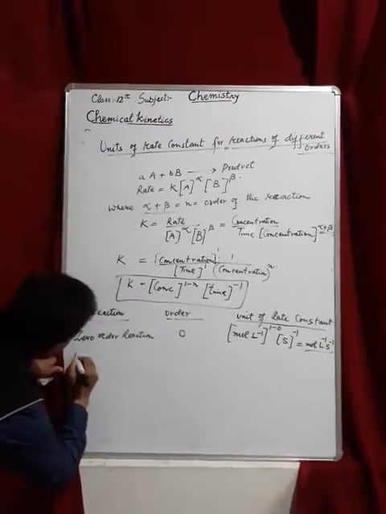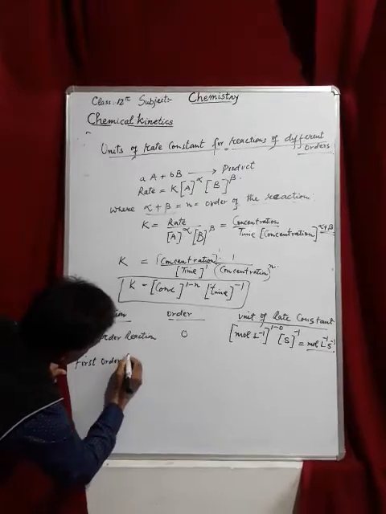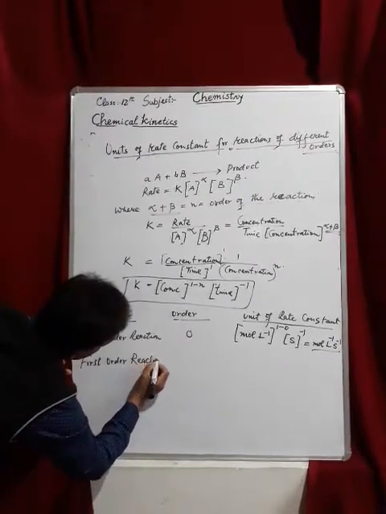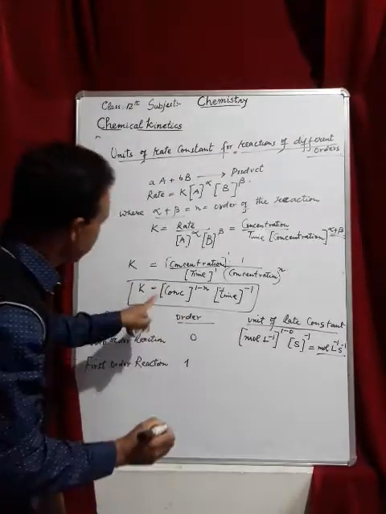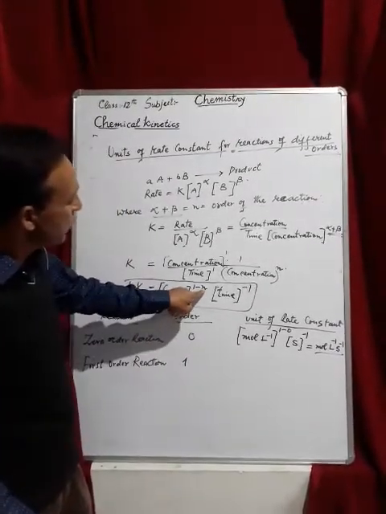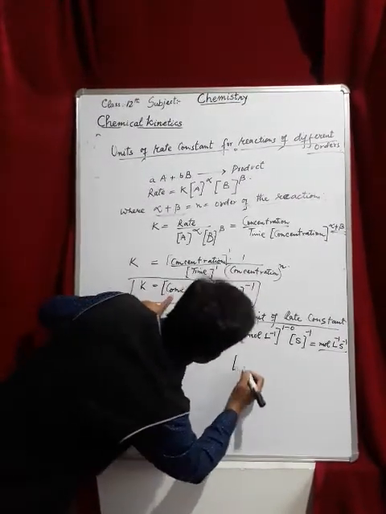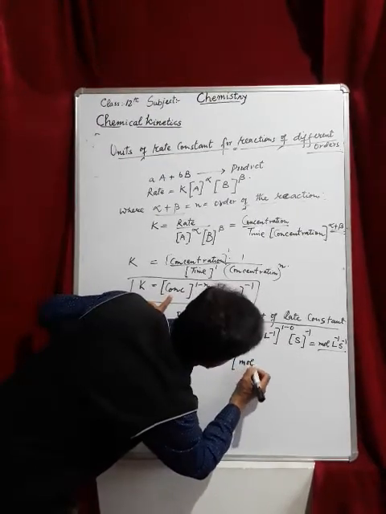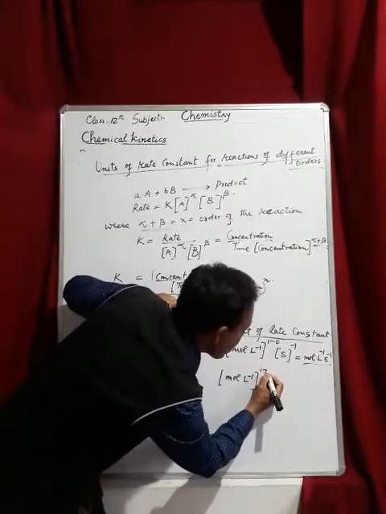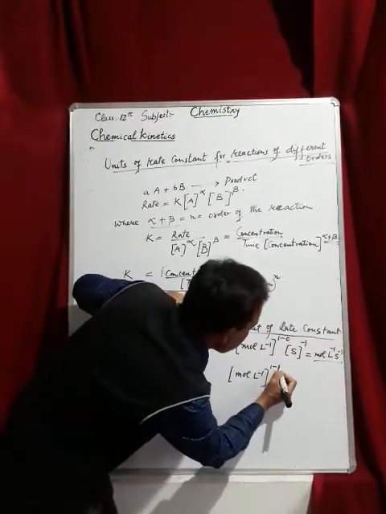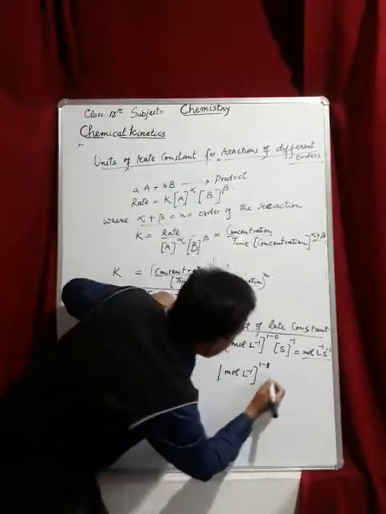Now first order reaction. In the first order reaction, what is the order of the reaction? That is 1. Now we will substitute 1 for n. So the unit will be concentration, unit is moles per liter, raised power 1 minus 1, that is 0, into time.